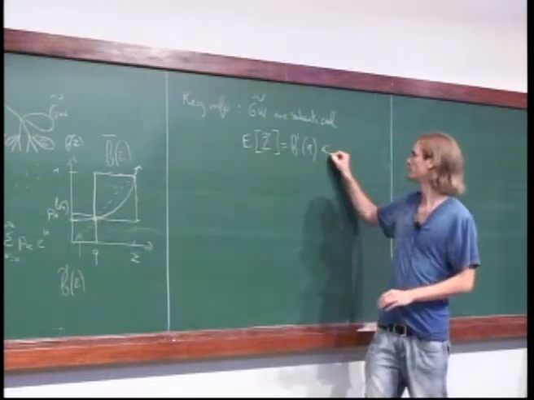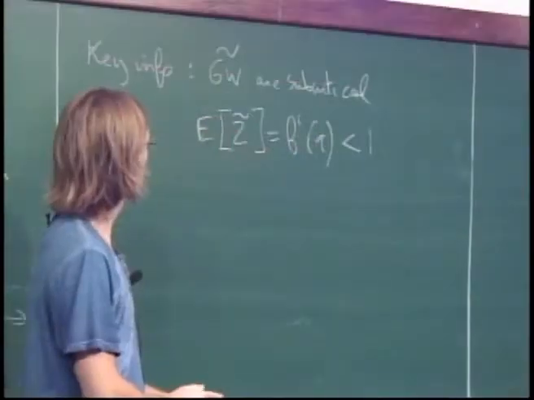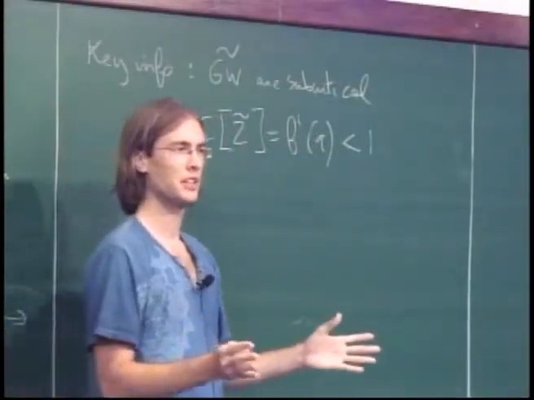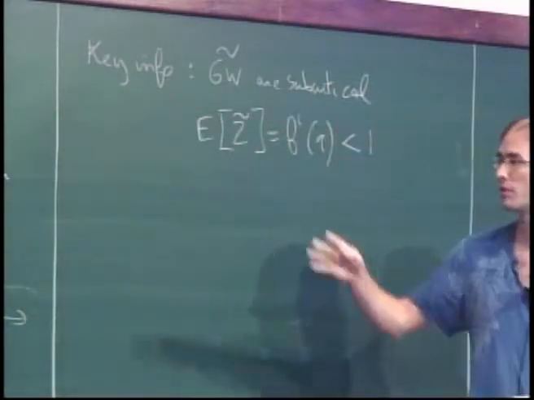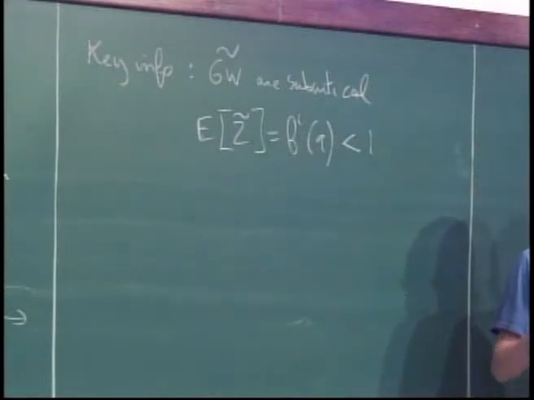It's lower than 1 because it's subcritical. So now we're in a real nice setting. We have a part of the tree where we go fast. We have those traps, and we actually know the structure of these traps.